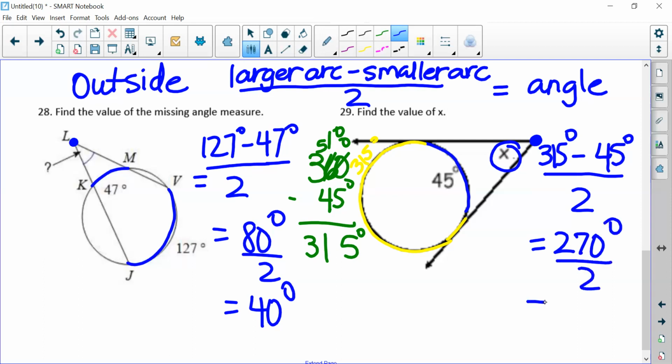And then 270 divided by 2 is 135, okay? So the value of X, AKA the measure of your angle with the vertex that's outside, is 135.